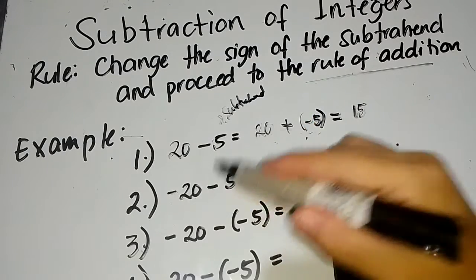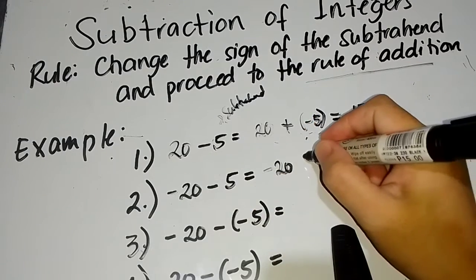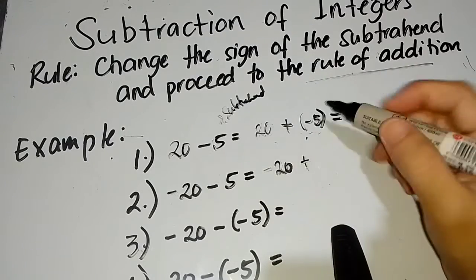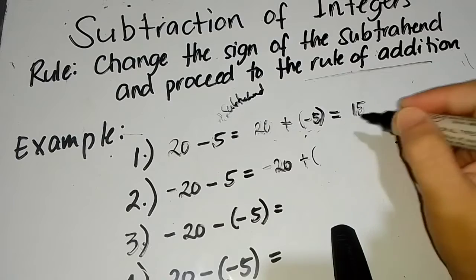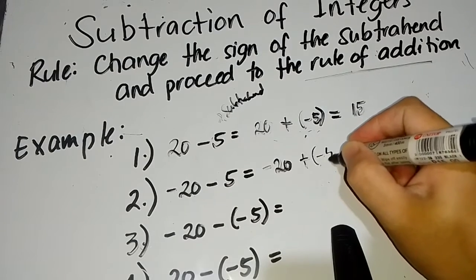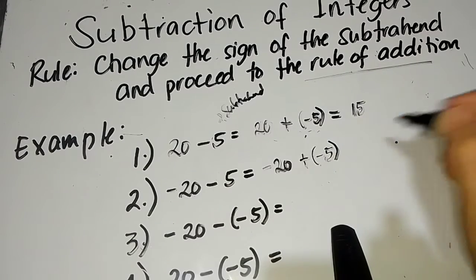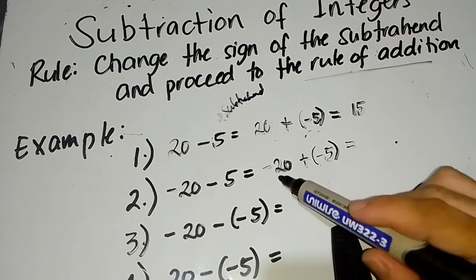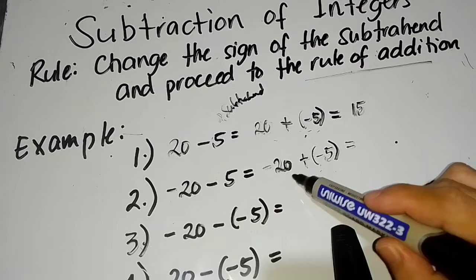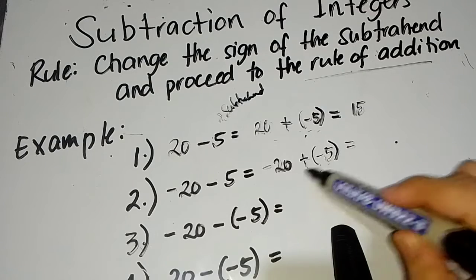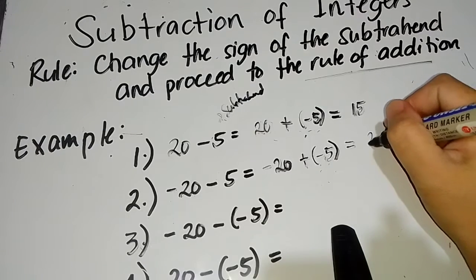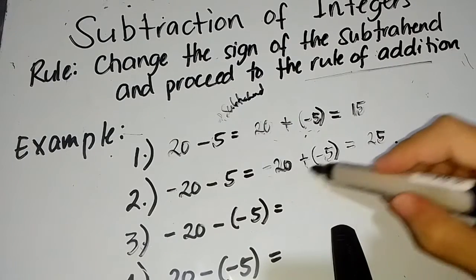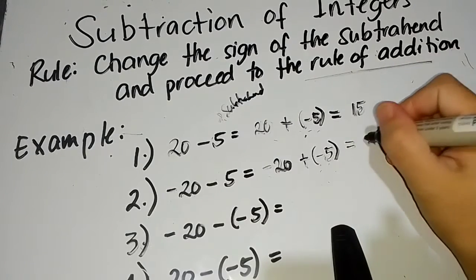Then, instead of subtraction, we are going to add and change the sign of your positive 5 into negative. Adding the same sign, so add the numbers: 20 plus 5 is 25, and then copy the common sign, which is negative.